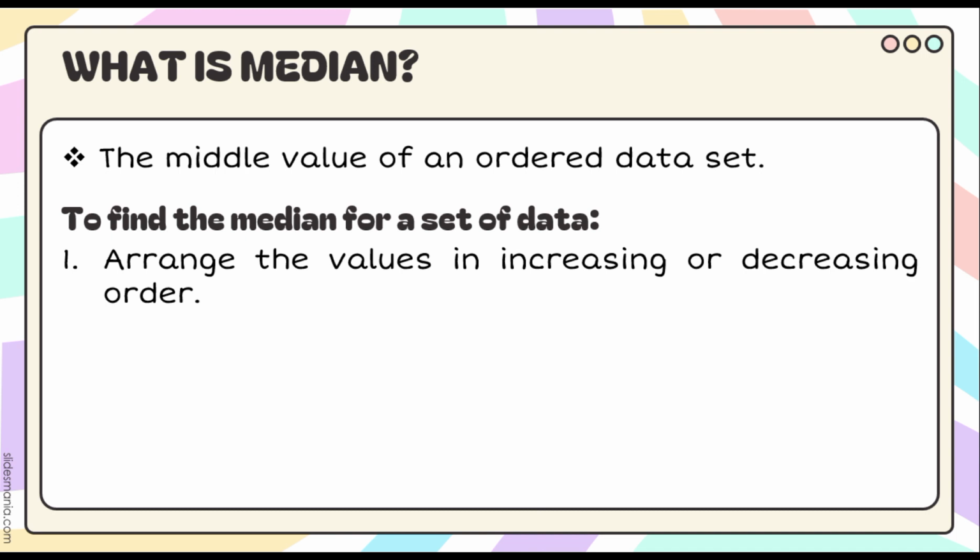Ordered means that we have to arrange our data in increasing or decreasing order, lowest to highest or highest to lowest. It depends on which you prefer.